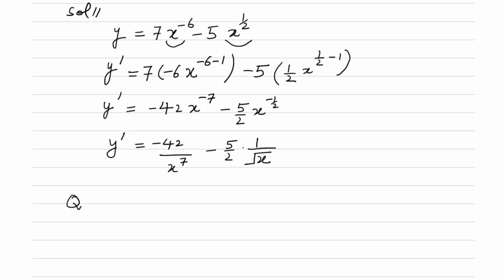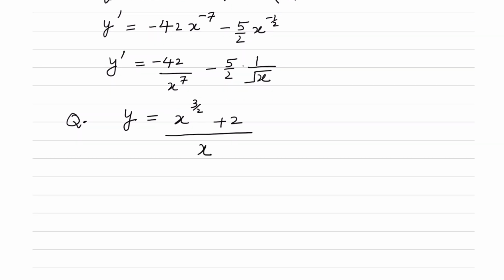We can attempt one more question, which is to find the derivative of the expression y is equal to x to power 3 by 2 plus 2, whole divided by x. Now we can see that this expression is in the form of a fraction, something by something.